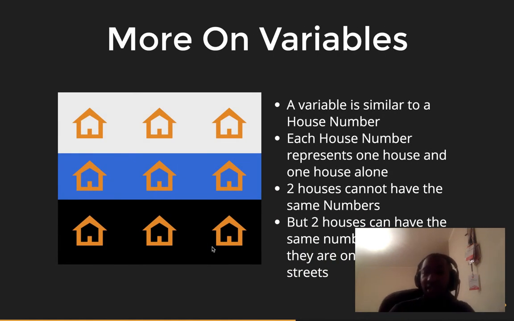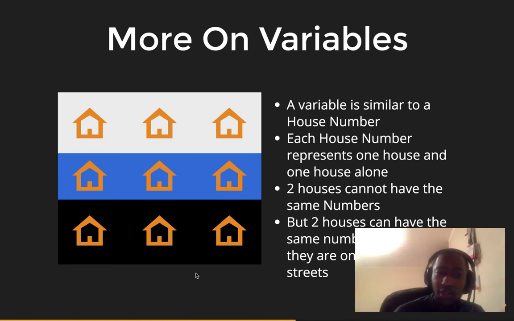Variables work, especially in programming languages, just like house numbers. If I live on street A, let's say these 3 colors represent 3 different streets, right? You can live on this gray street, or blue street, or black street, or A, B, C, however you want to do it, or 1, 2, 3.